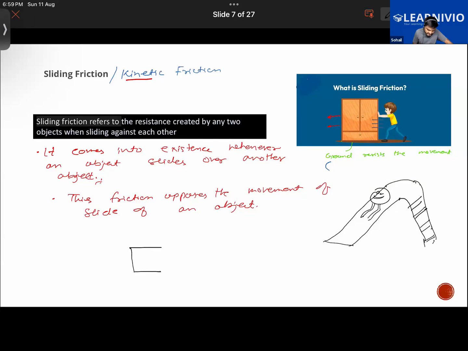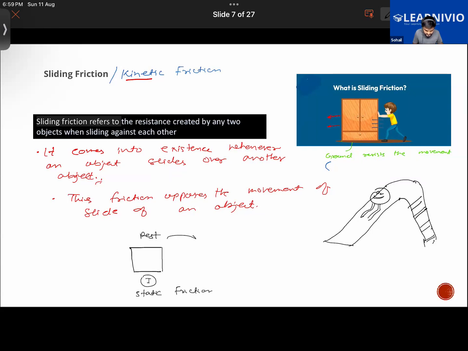Earlier we had studied static friction, where the object was not moving. In case number 1, what did we learn, guys? When it was at a position of rest, the type of friction generated was static friction.